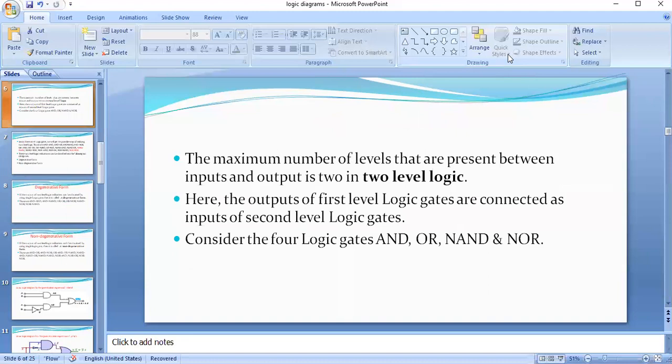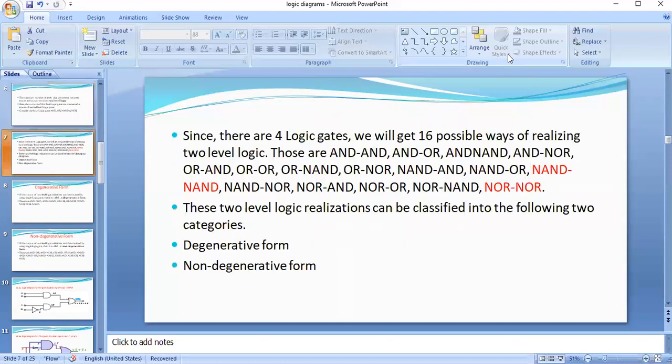Next, if I consider the four logic gates: AND gate, OR gate, NAND gate, and NOR gate, for these four gates we have 2 power 4 possible combinations. 2 power 4 means 16 possible combinations. So we can design a circuit using these four gates in 16 possible ways.